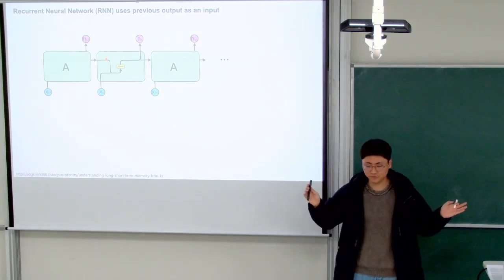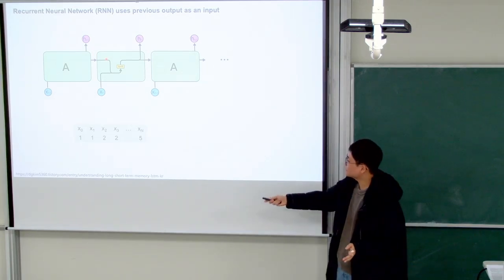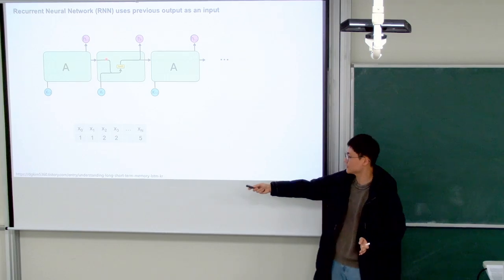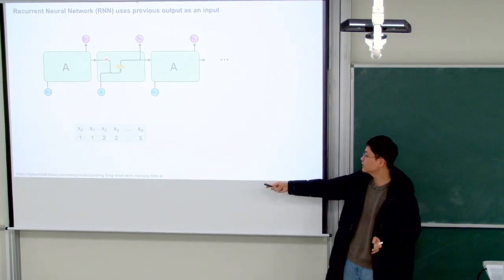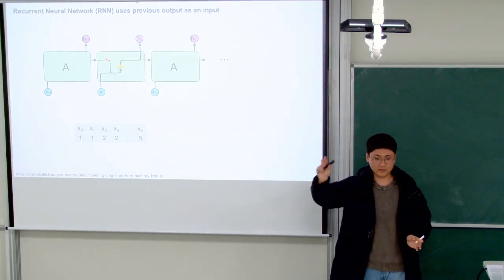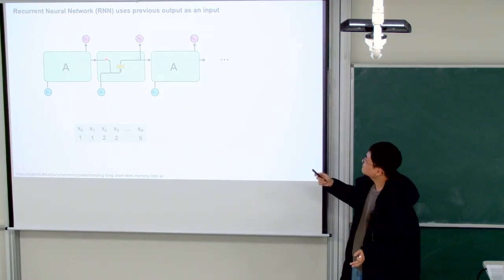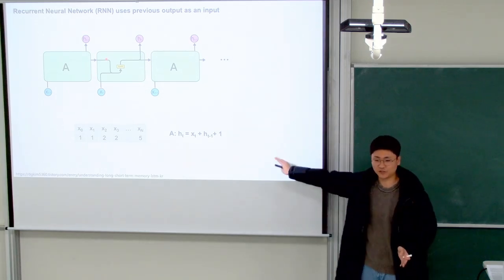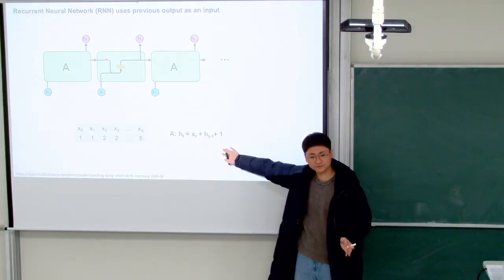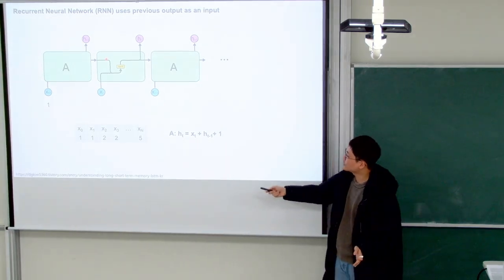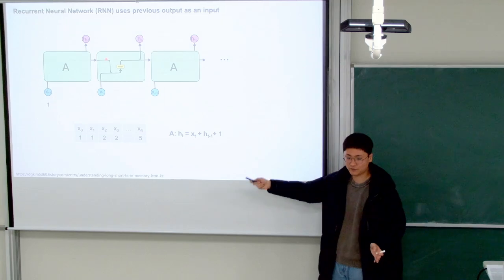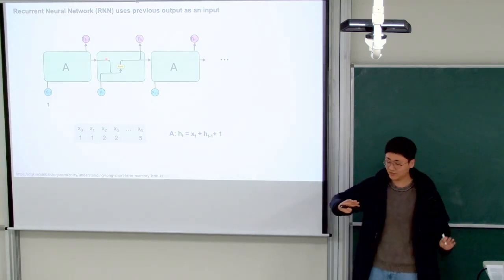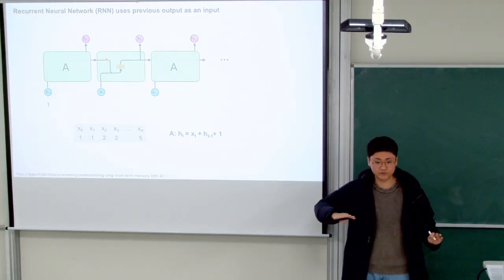For example, let's say we have this sequential data here. We plug it in step by step, and let's simply say this neural network just calculates this equation. We plug in 1 here. This is the first step. Let's say H0 is just 0.